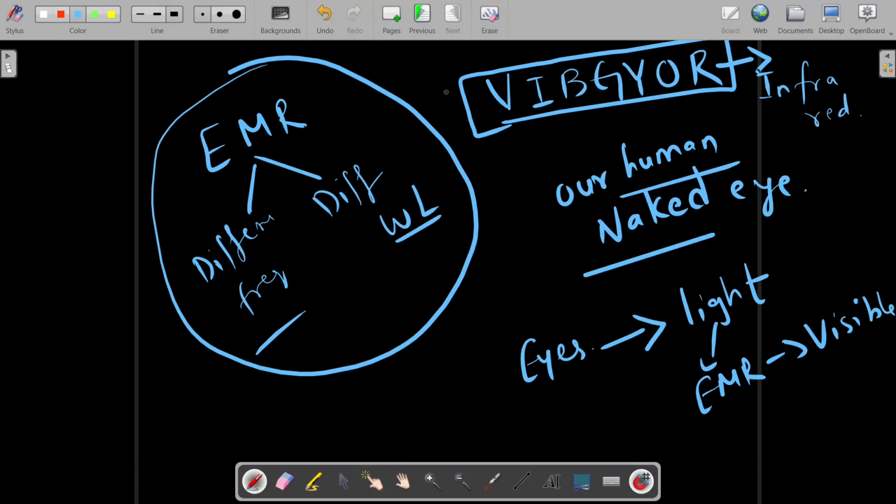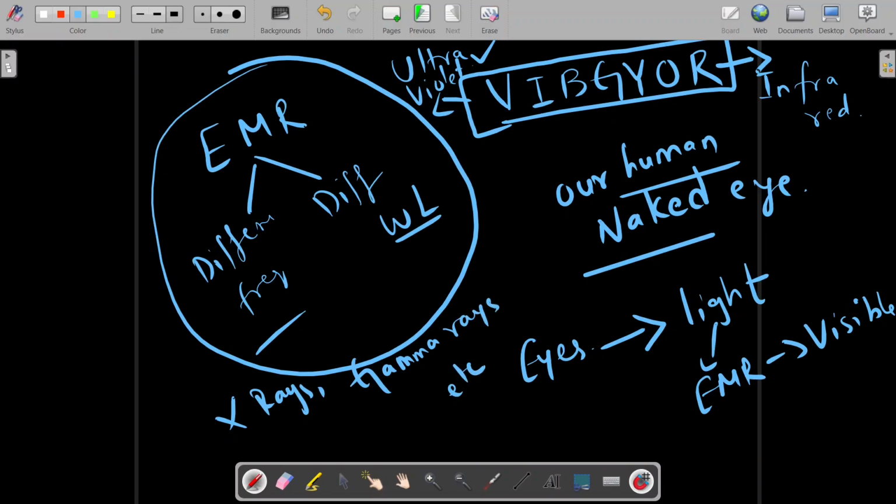Beyond violet, it is called ultraviolet. And even beyond that there are some other things, those are X-rays, gamma rays, etc.